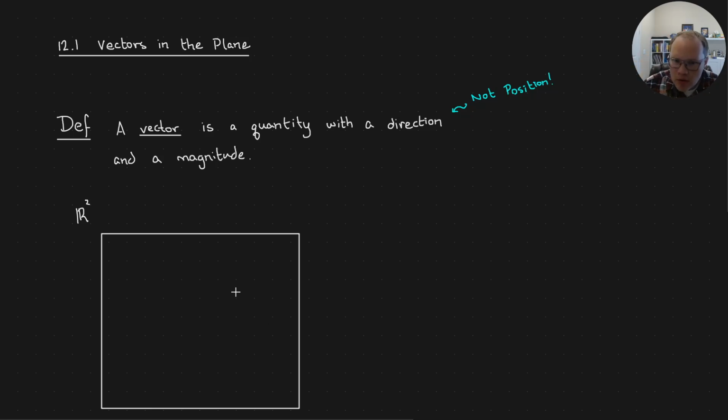Okay? So direction and magnitude, we can illustrate that with an arrow. So maybe we have this arrow here. This arrow is a vector. I can even give it a name. When we label vectors in this class, on paper or on a blackboard or on the screen, I'm going to give it a variable name, and then I'll put a little arrow above it to emphasize that it's a vector.